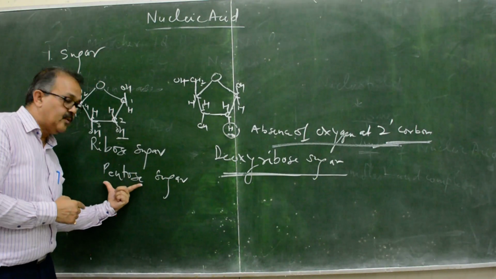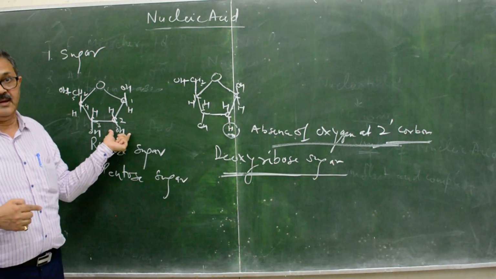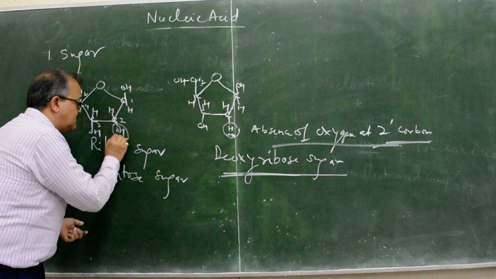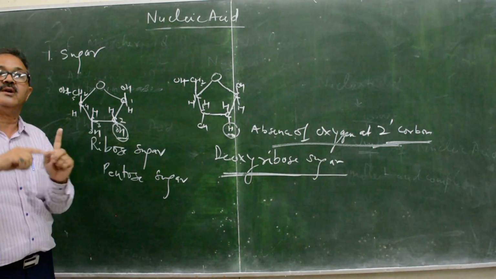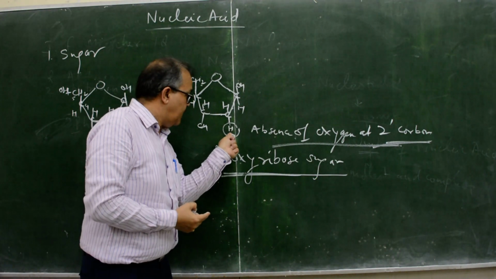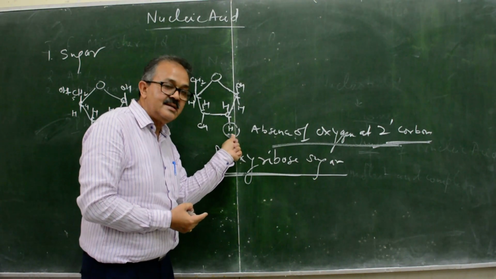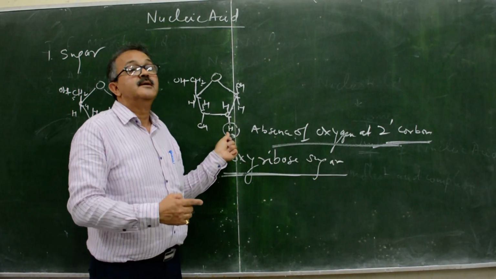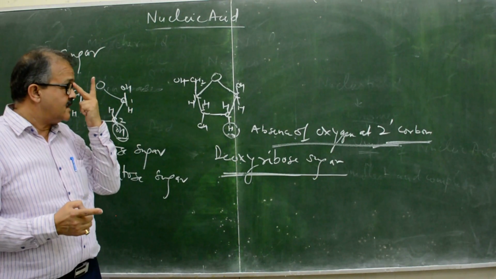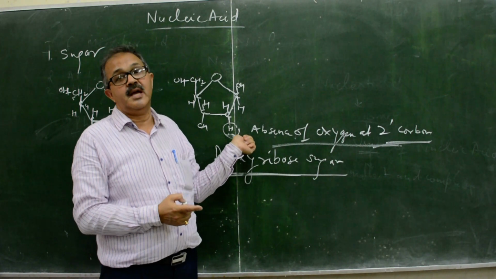RNA has the ribose sugar, which is more unstable, because this 2' position is free to react with any molecule. It provides the stability to DNA. So DNA is more stable than RNA only because DNA has deoxyribose sugar.